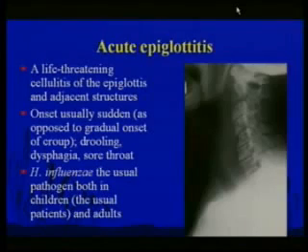Acute epiglottitis is, and mark this well, the usual pathogen is H. flu. We're going to see epiglottitis less commonly because of the H. flu vaccine in children. This was a 74-year-old adult.